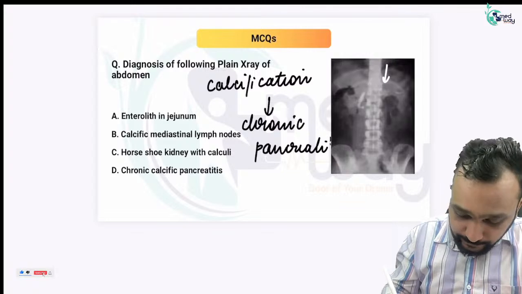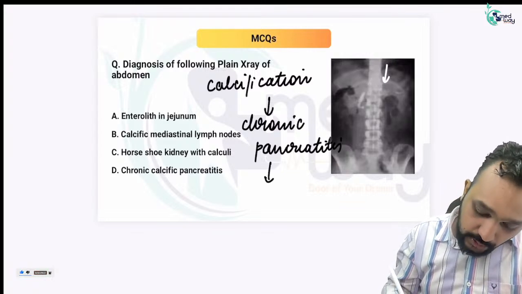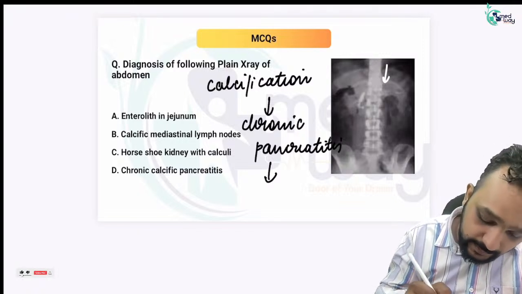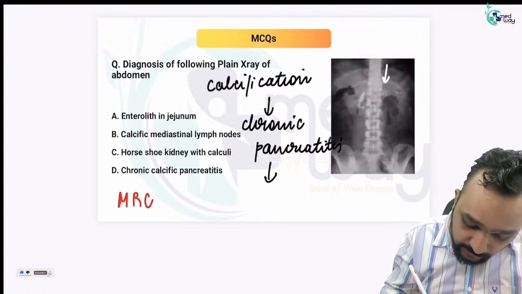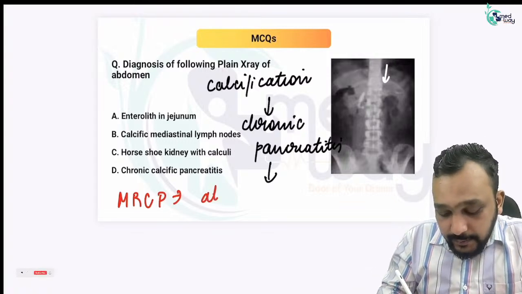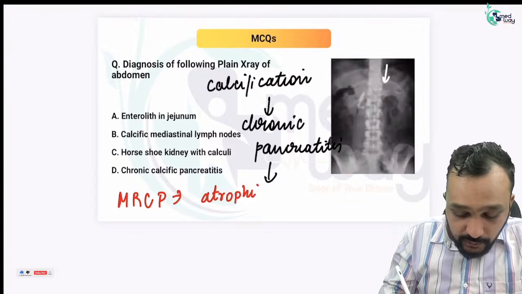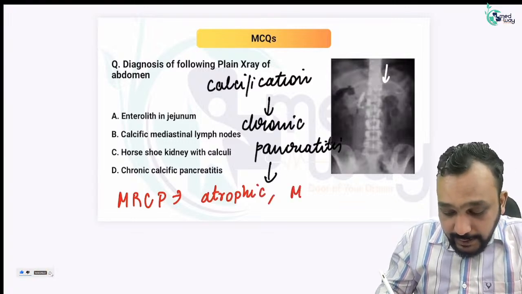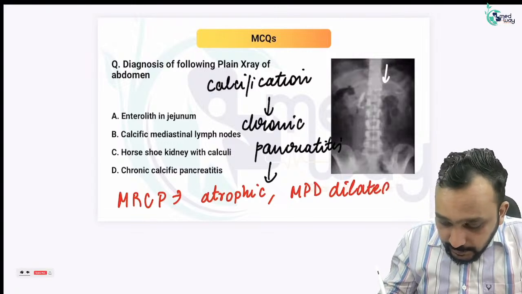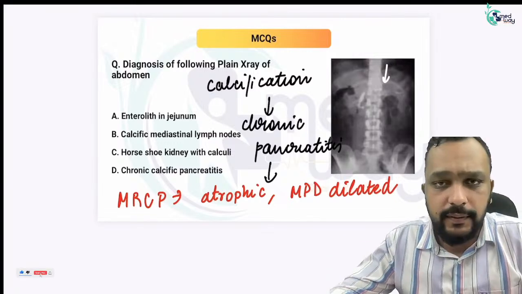You should also know the MRCP abdomen findings of chronic pancreatitis: the pancreas will be atrophic, and the main pancreatic duct will be dilated on MRI abdomen images.